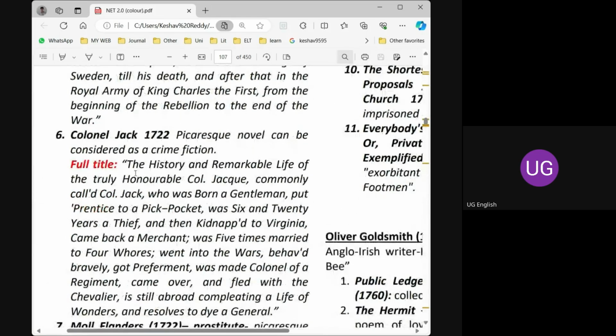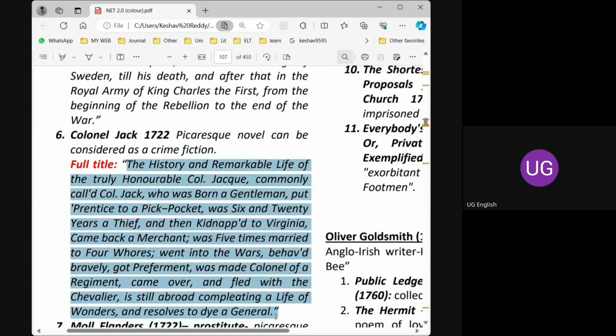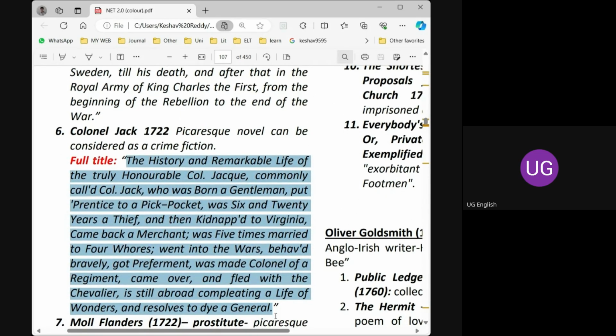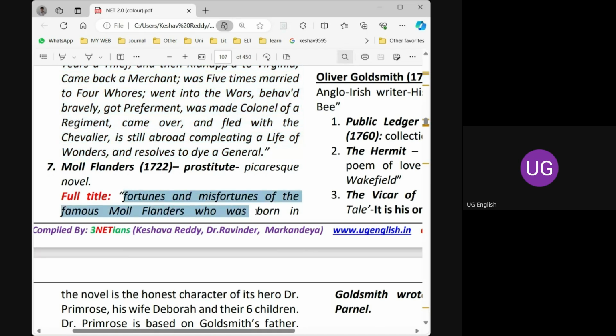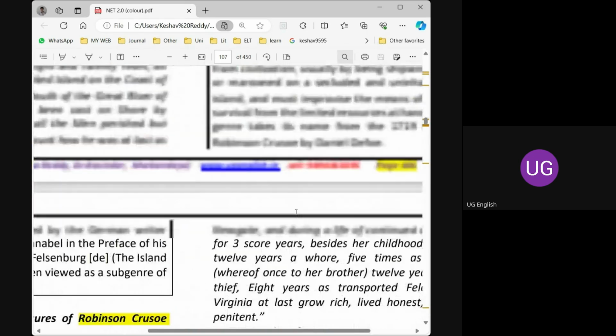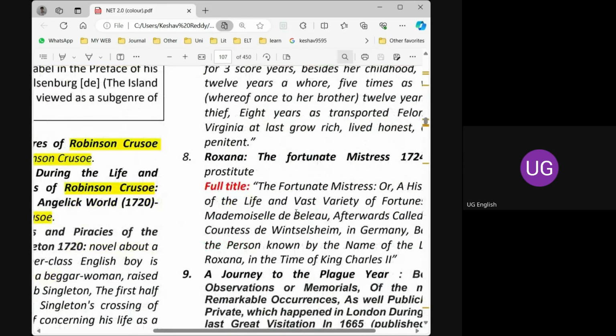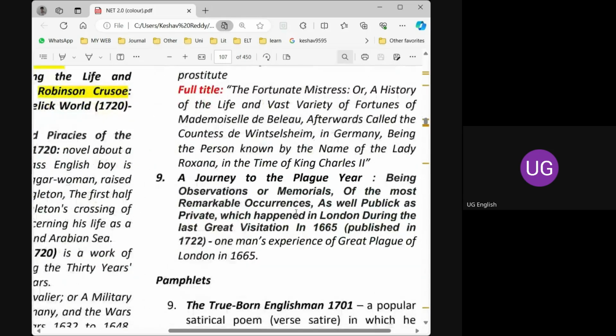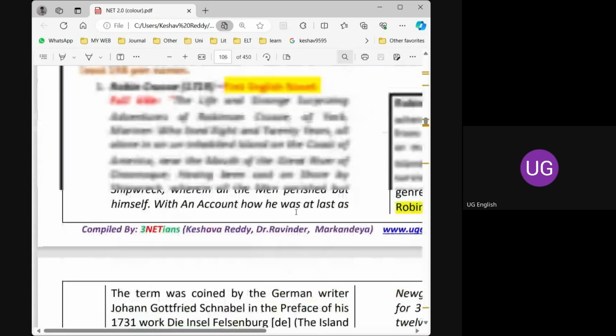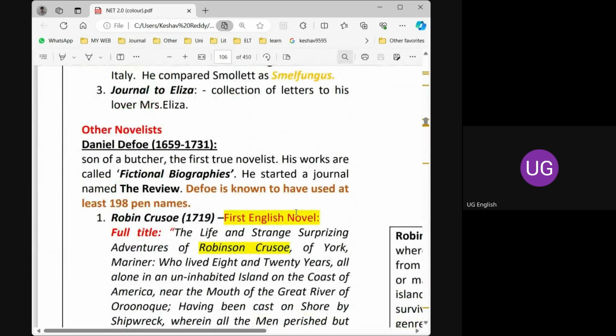You can see this is the full title of Colonel Jack, and you can see Moll Flanders, a very important novel. It's the story of a prostitute, a picaresque novel again, and Fortunes and Misfortunes of the famous Moll Flanders. So the full title is almost a paragraph. If you go through the paragraph, you will catch the entire story of that novel.